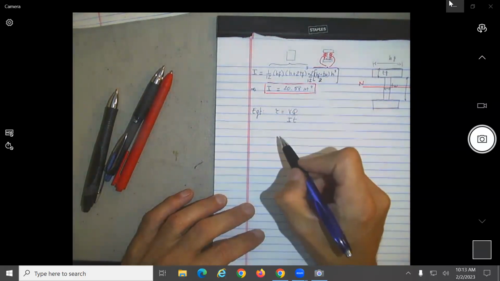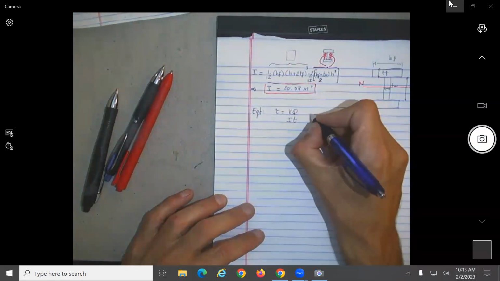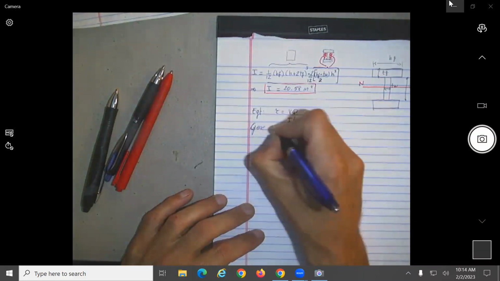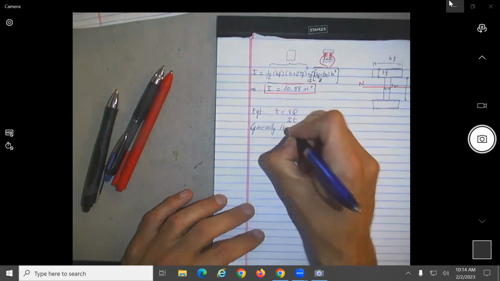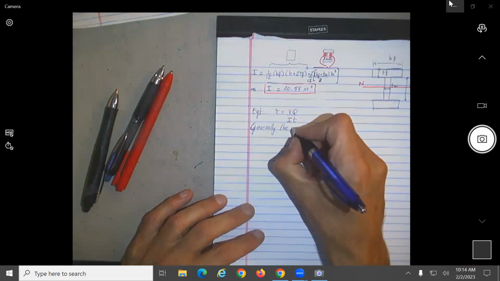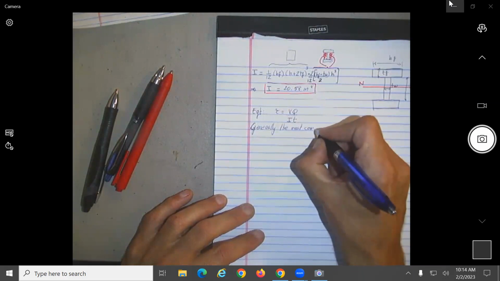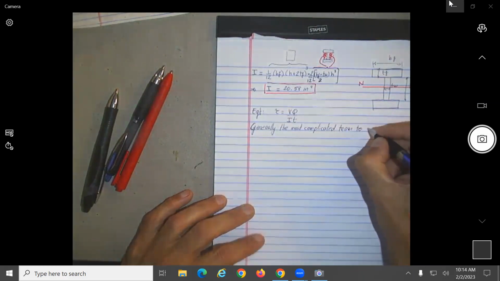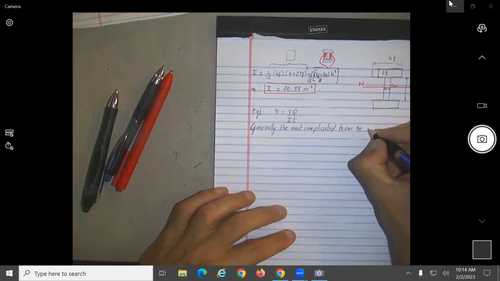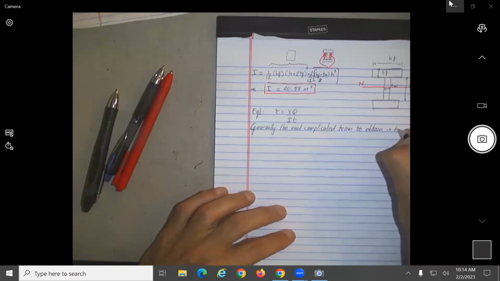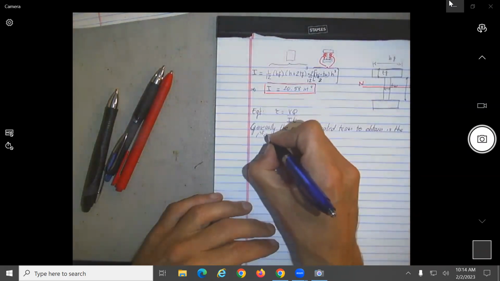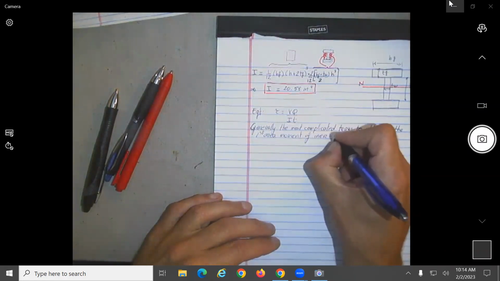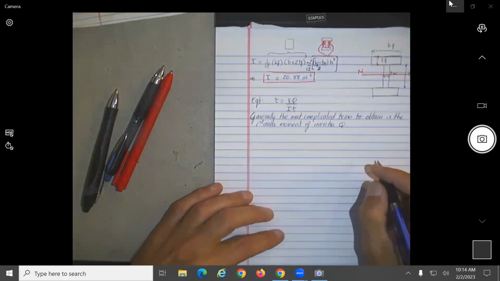So over here, we need to find V, we know I, we know T. The problem here, generally, the most complicated term to obtain, or to obtain the appropriate one, is the first area moment of inertia Q.